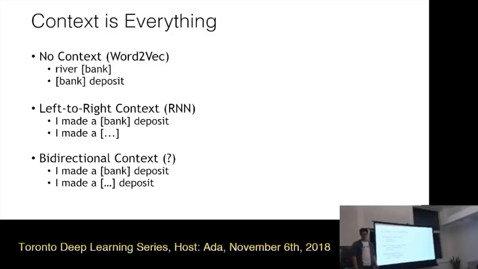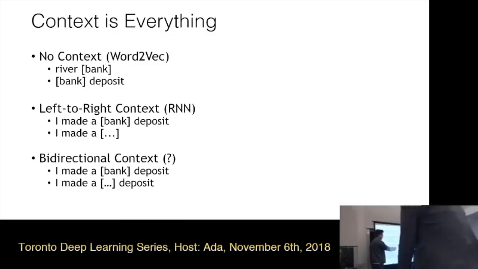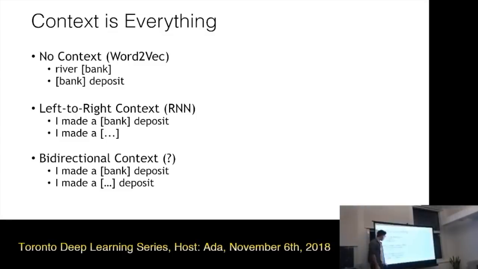Right? If you have a left-to-right context, or a left context, RNN, and you wanted to learn a representation of bank in the sentence, I made a bank deposit, well then, the RNN would only consider I made, the words before bank. Finally, what we want is a bidirectional context.